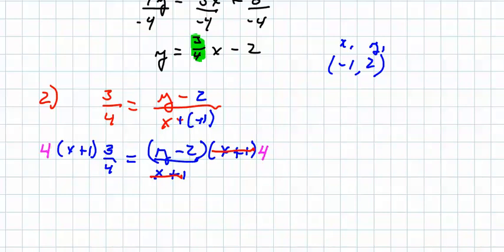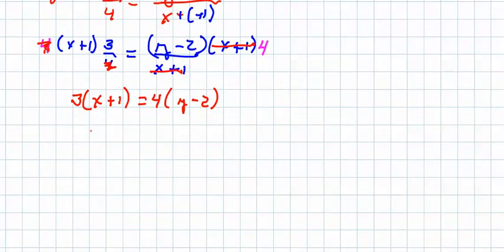And I do that because then this 4 and this 4 cancel. And make sure you show those steps. Now I have 3 times x plus 1 equals 4 times y minus 2. And I'm almost done. Distribute, and I'm good to go. So I have 3x plus 3 equals 4y minus 8.